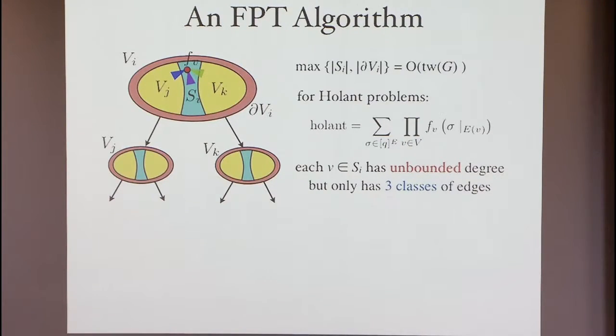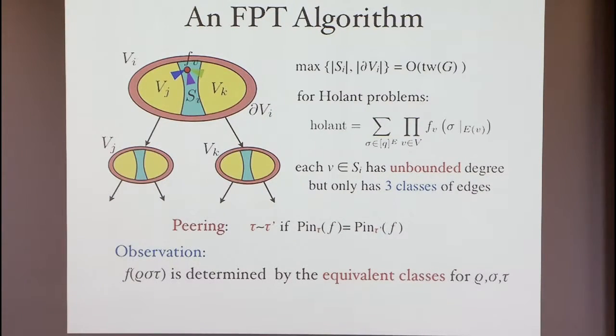Here, for each vertex in the middle, although it may be adjacent to unboundedly many edges, those edges belong to only three groups: edges adjacent to the left component, edges adjacent to the right component, and edges within the separator. And remember that we have this notion of equivalent classes for partial inputs.